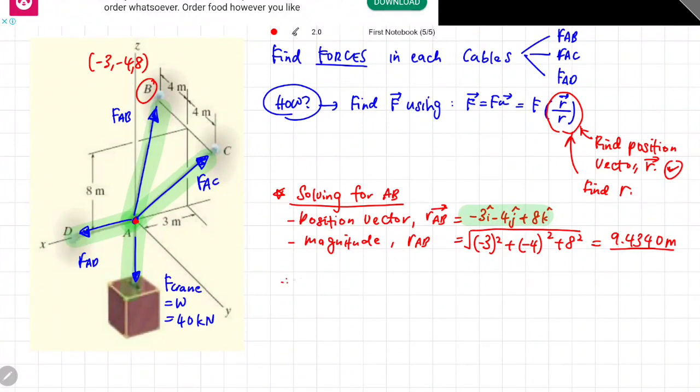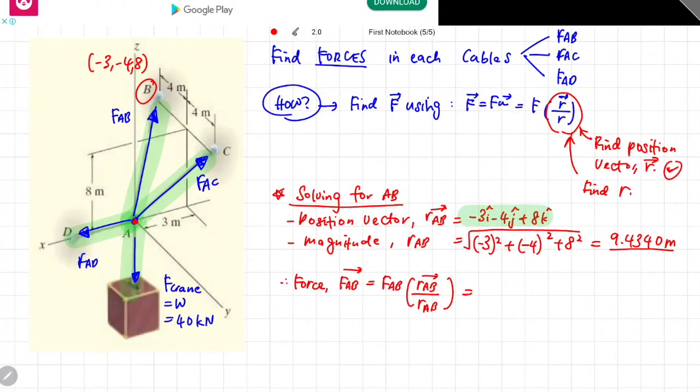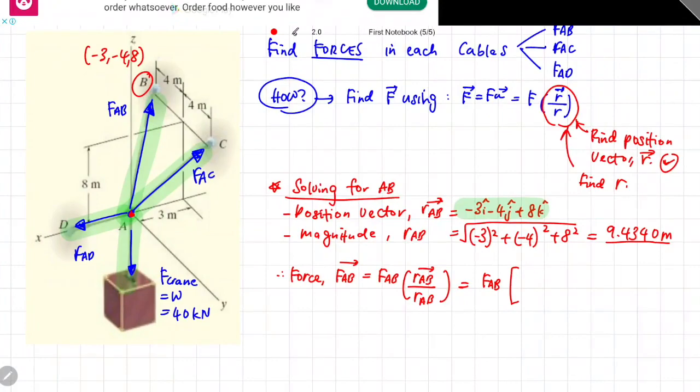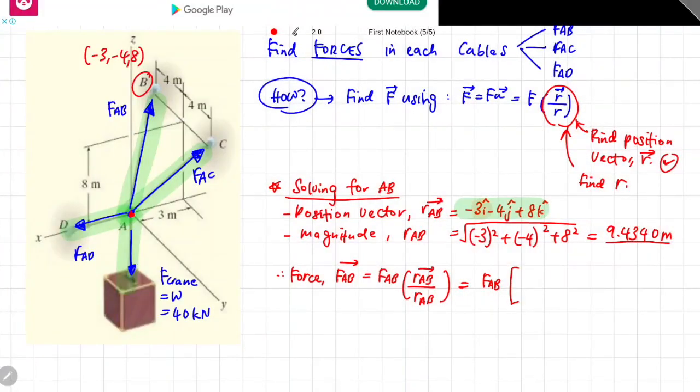Okay, when that is done, we can straight away formulate the Cartesian vector for our force by using the magnitude of force multiplied with the ratio of the position vector as shown. Okay, so at this point, the magnitude of force along the AB cable is still unknown. Tapi kita dah tahu the position vector punya value kan.